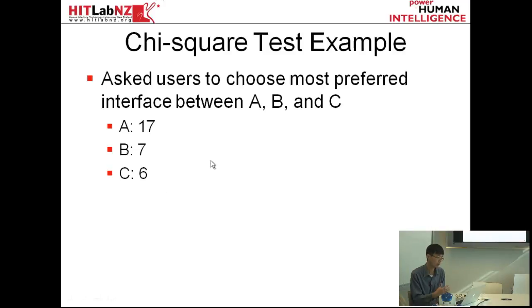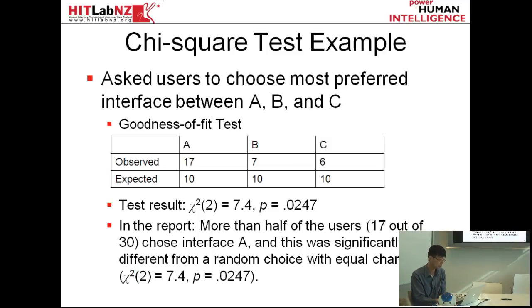But we want to back up with the statistical evidence that this is a meaningful difference between the different interfaces we have. So in this case, since this is nominal data, we use the chi-square test, and especially the goodness of fit test. What it does is you plot a table with the observed frequency of each of the options.